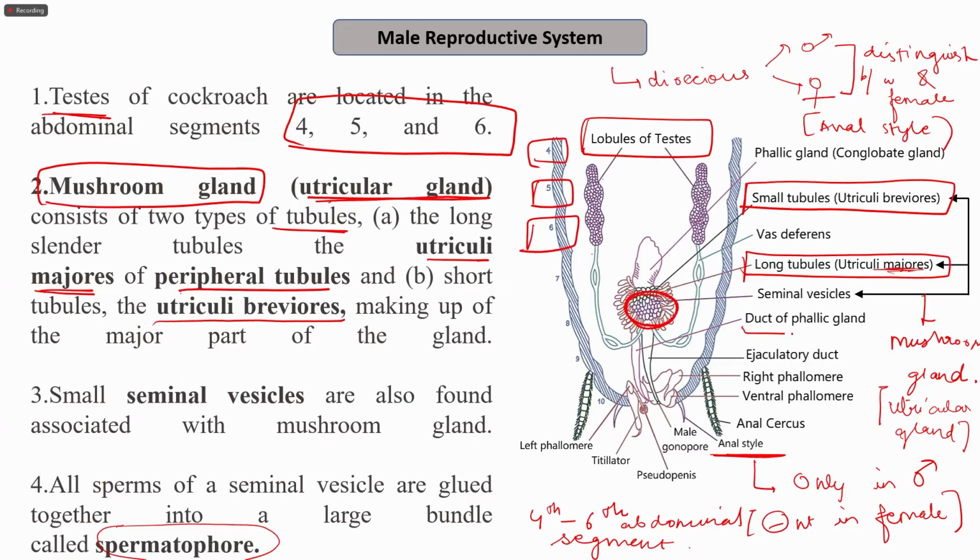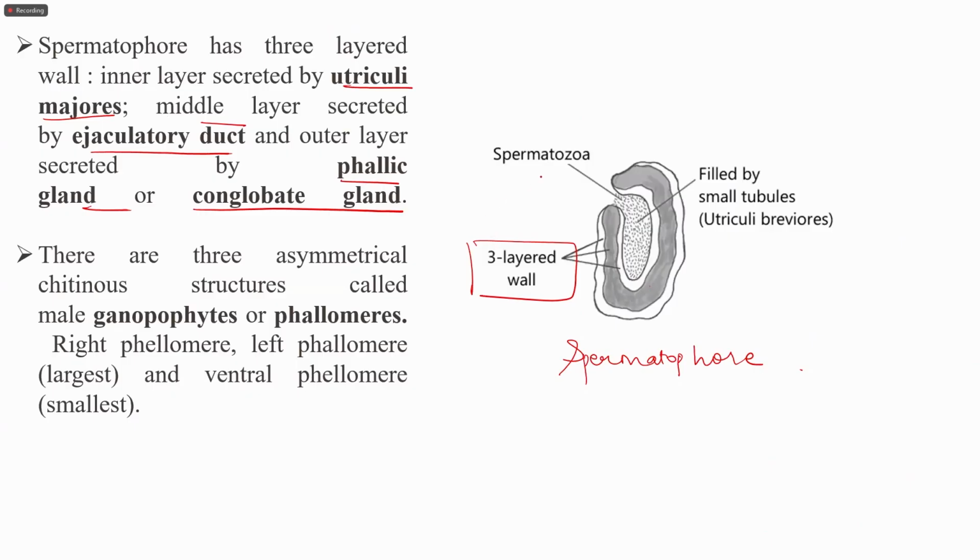The secretions of the ducts of the phallic gland form the outer layer of the spermatophore. The inner layer is secreted by the utriculi majoris, and the middle layer by the ejaculatory duct.